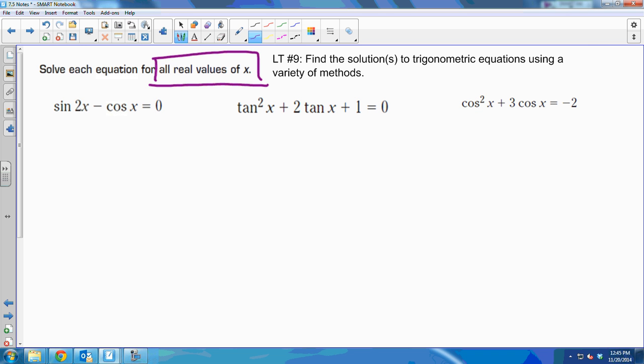We're still doing the same thing we've been doing though. So for the first one, I have sine 2x minus cosine x. What should I do first?